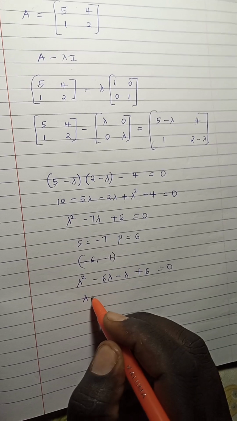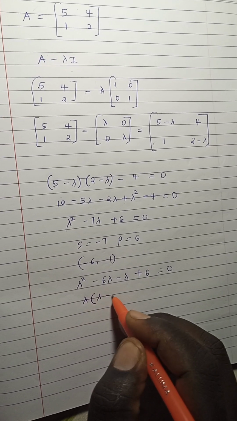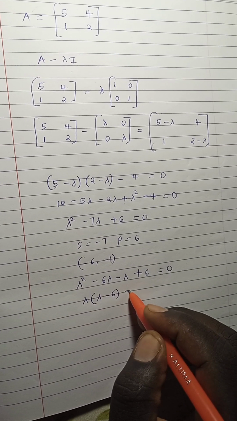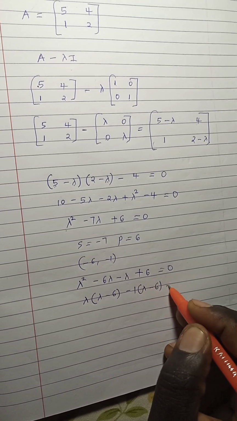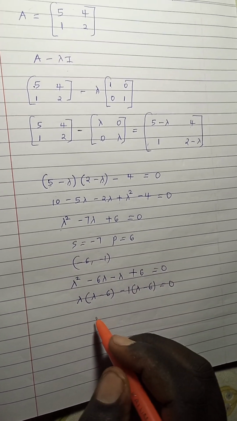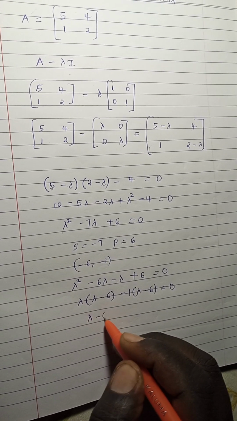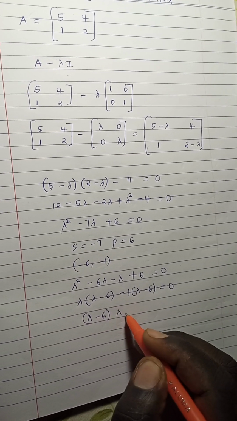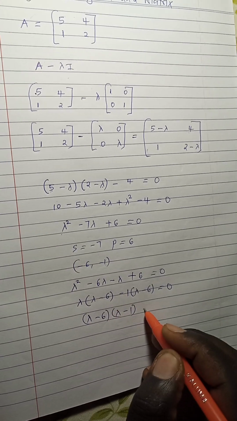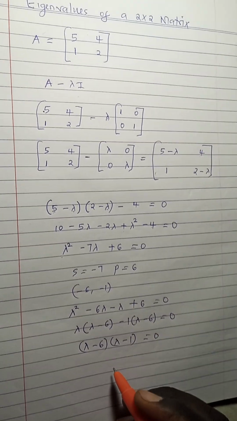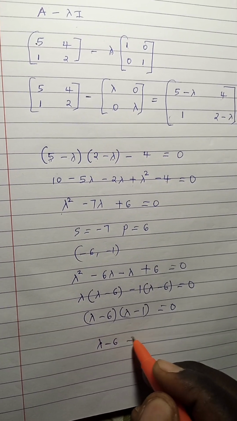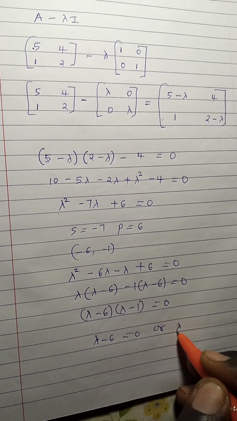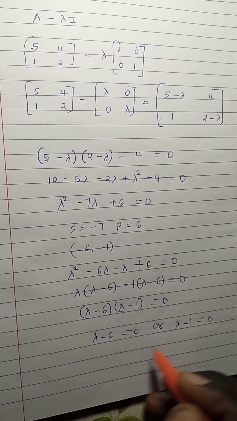So we will have lambda into lambda minus 6, then minus 1 into lambda minus 6 equals 0. Therefore, we have lambda minus 6, then lambda minus 1 equals 0. Therefore, lambda minus 6 equals 0, or lambda minus 1 equals 0.